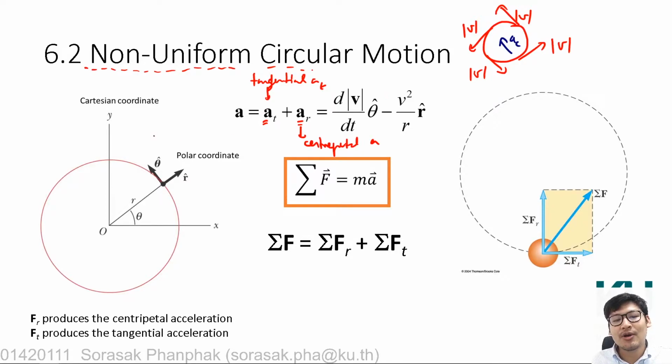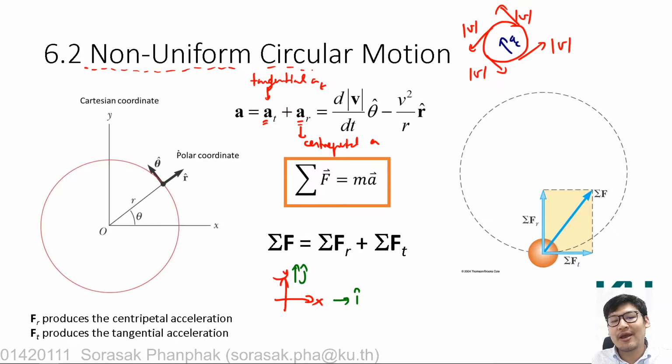We have another way to determine the direction, like we use in the Cartesian coordinate to determine direction in x and y. We have i hat going toward the x direction and j hat pointing toward the y direction. However, in polar coordinates, we did talk about r and theta before in the vector chapter.